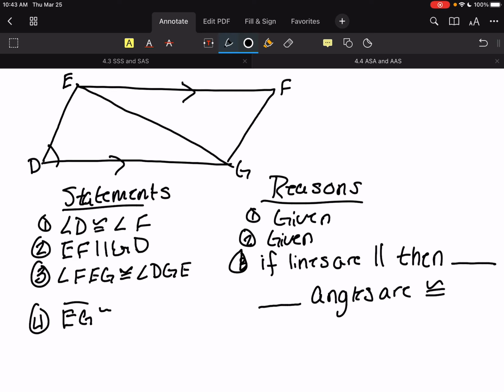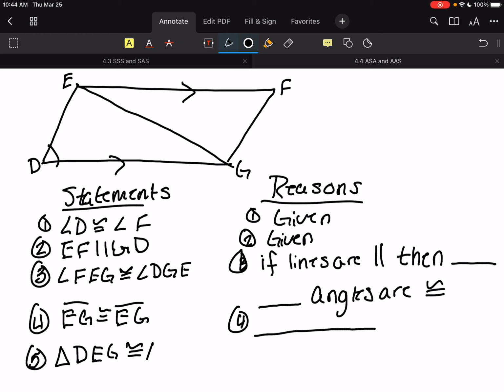EG is congruent to EG because of the what? And then triangle DEG is congruent to triangle FGE because of what? All right, so this is the last one.